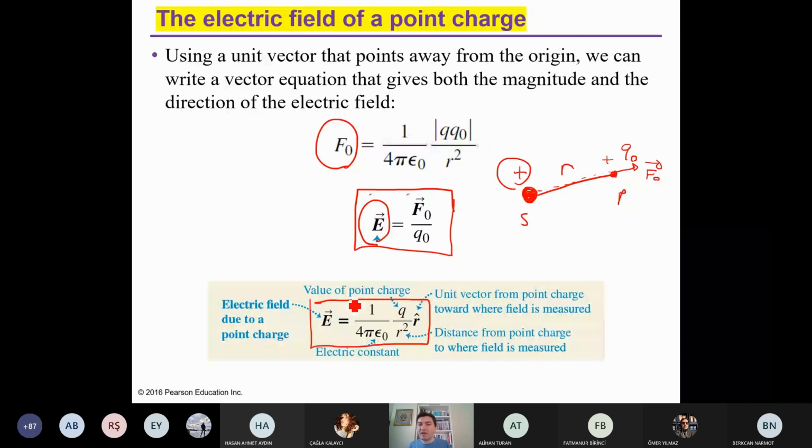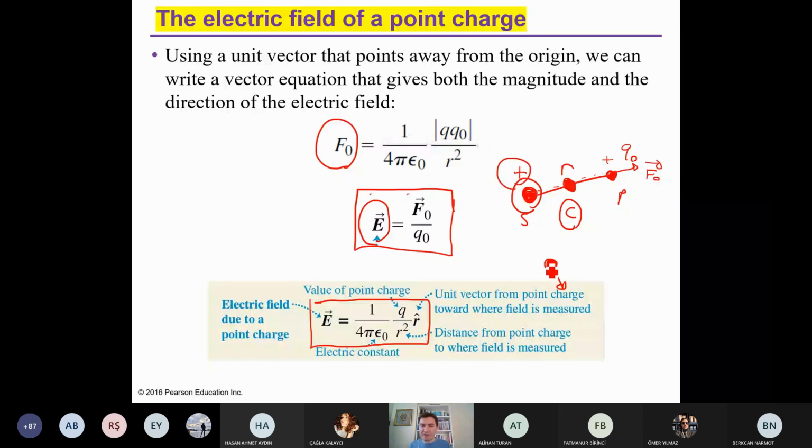I would like to remind you that if I calculate the electric field at this point, let's say this is another point called C, the electric field produced by this source will be completely different. If you choose this point, and if you have a charge here, the electric force and electric field at this point will be completely different because distance changes, okay?